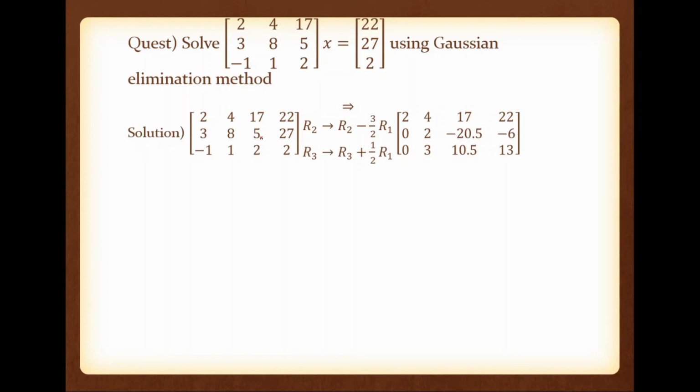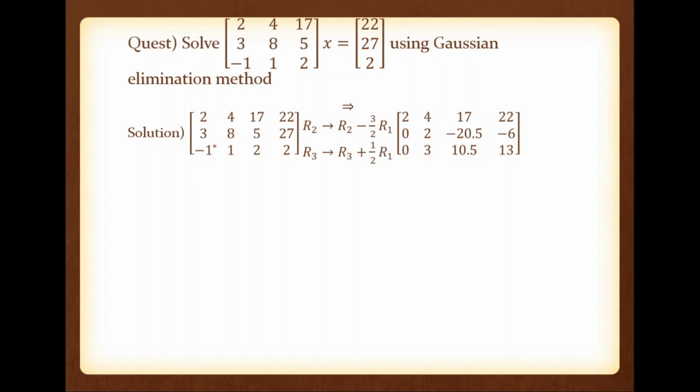This element will become 5 minus 3 by 2 into 17, that is minus 20.5. Then this element will become 27 minus 3 by 2 into 22, so 27 minus 33, so we have minus 6.